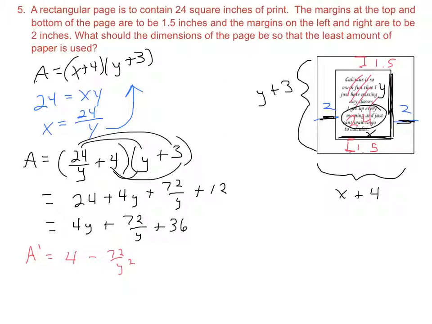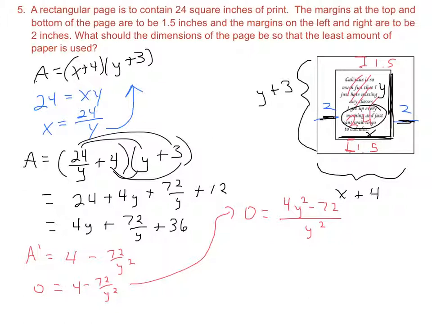We want to set this equal to 0 and solve. Again, this is a case where I just tend to get a common denominator and deal with the fraction that way. You don't have to do that, but you just want to be careful in solving these.